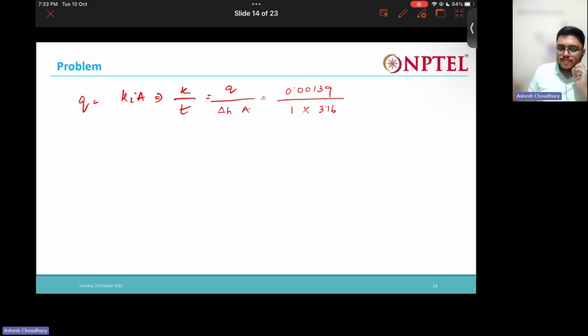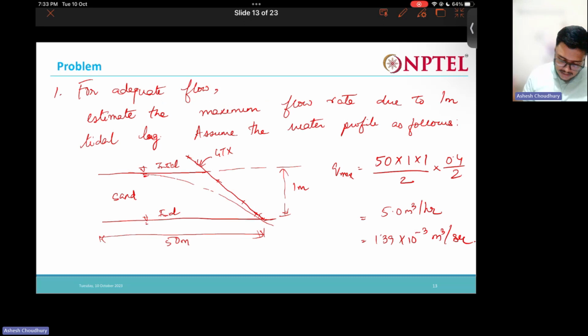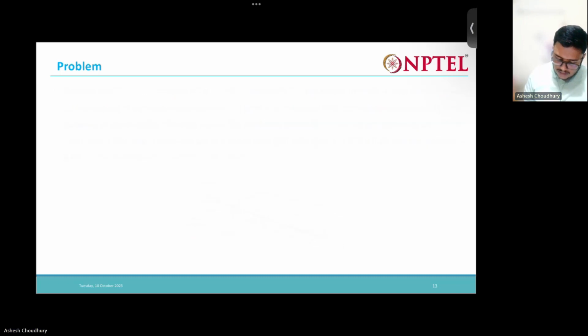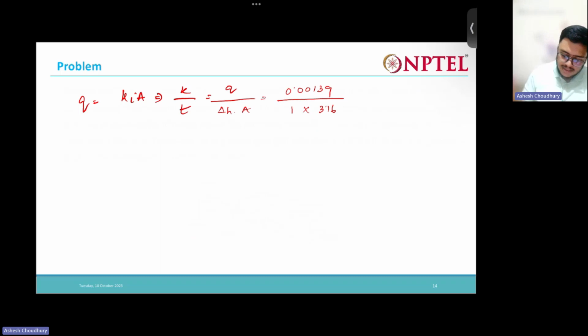Can you say how I am getting this area as 3.16? See here, this slope is given as 1:3, right? So just this portion, say for a 1 meter height portion. Water is receding through 1 meter.